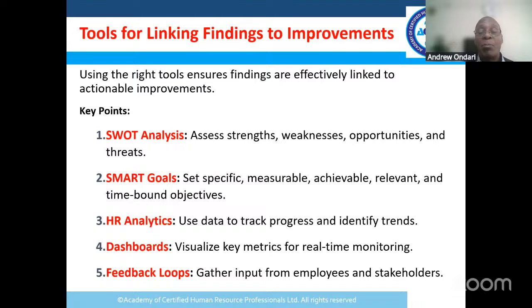There are 2 environments we are talking about here. 1, internal environment, and 2, external environment. The internal environment will help us to identify our strengths and weaknesses. Strengths in all the areas, as well as weaknesses in all the areas that we are auditing.